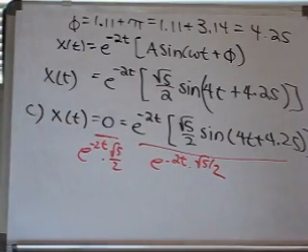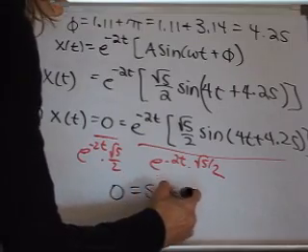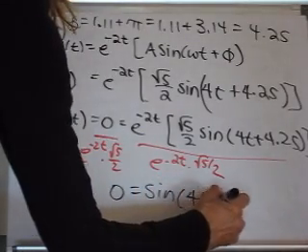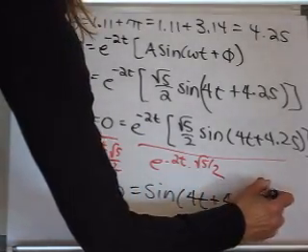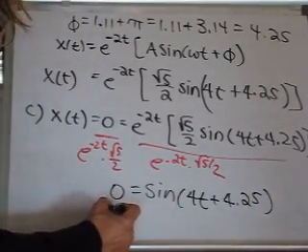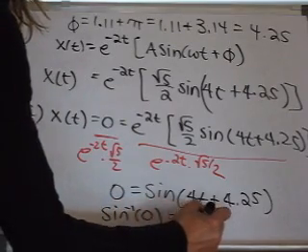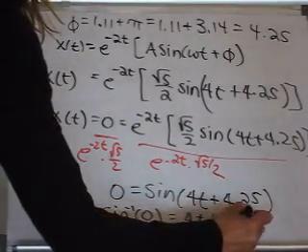And that's going to go away, and I end up just with 0 is equal to the sine of 4t plus 4.25. And then I can take the inverse sine. So I get sine inverse of 0 is equal to 4t plus 4.25.